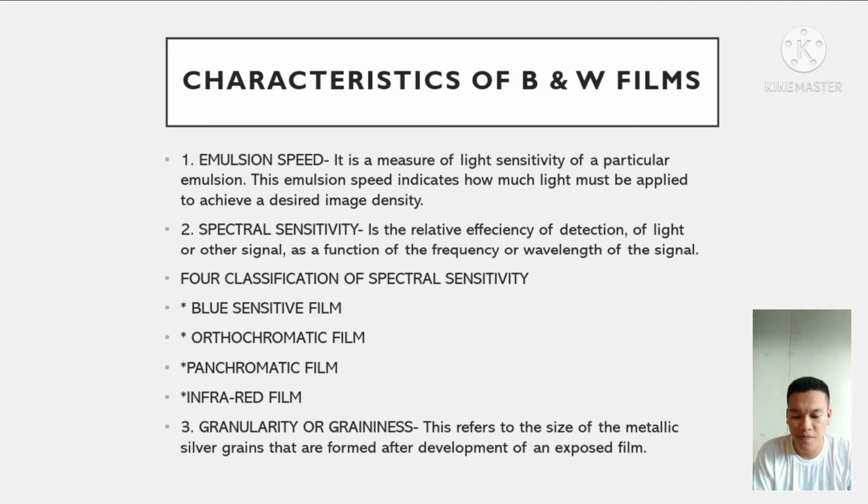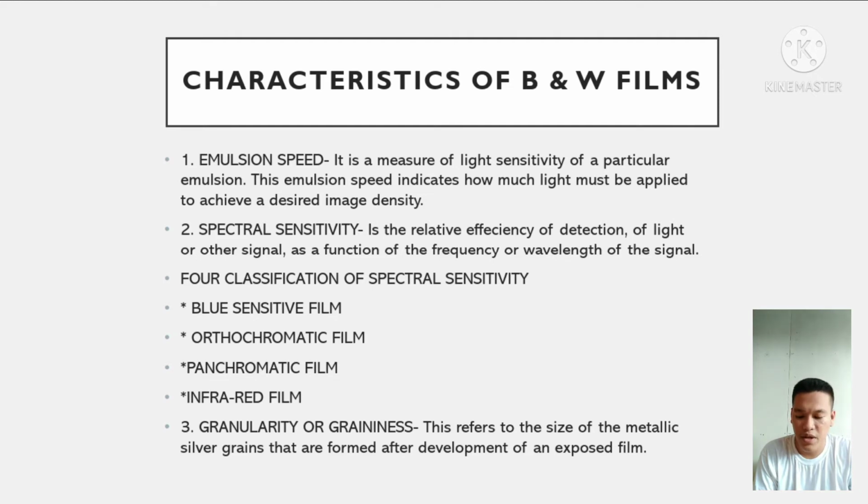Emulsion speed is the extent to which an emulsion is sensitive to light. In short, it dictates how much light the film needs. Each film has a speed, and each speed has its own use. The lower the number, the slower the film.